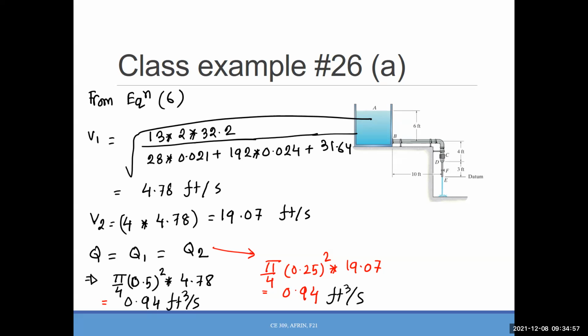Okay. So what we actually did here, at first we used all the exclusive equations, and then we connected those equations for the energy equation and the continuity equation, right?